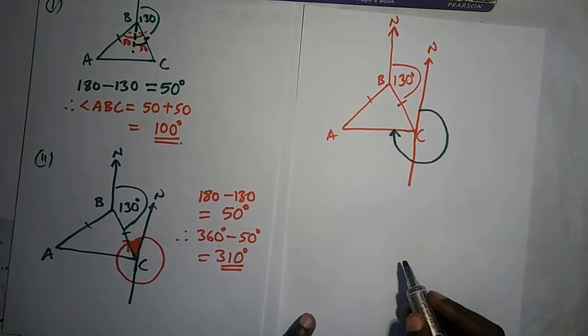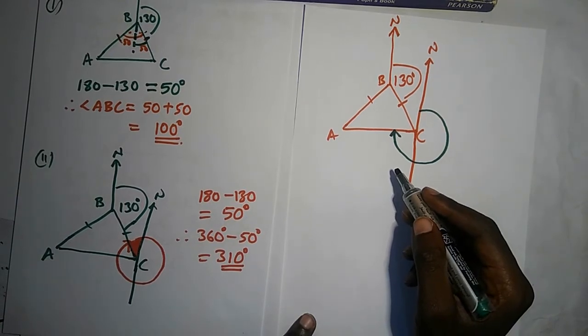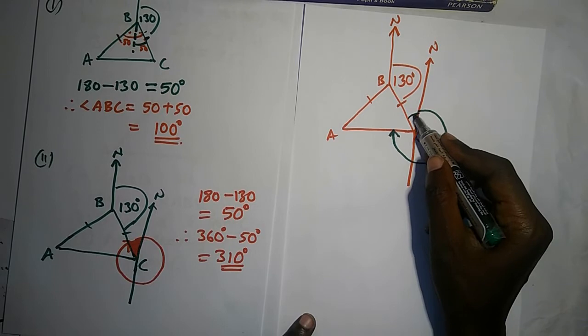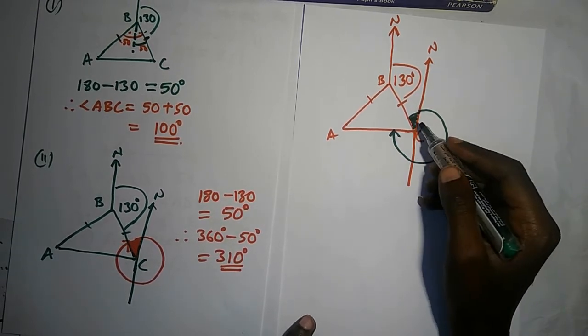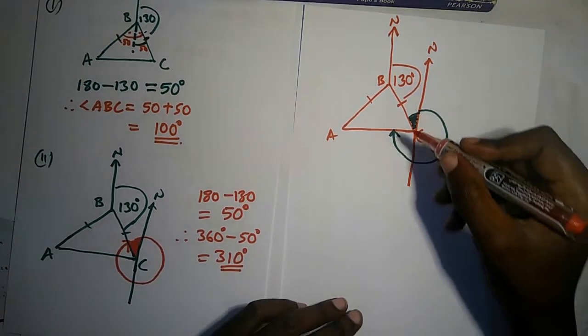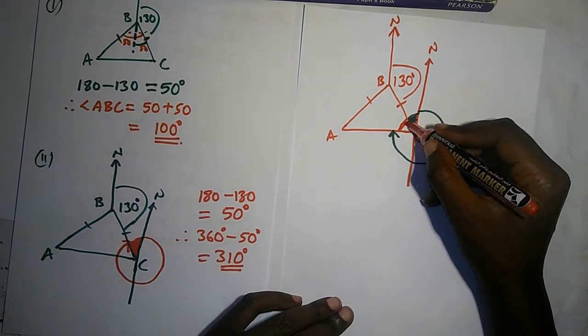Okay, so in this diagram that we have, for us to find this angle, we need to find this angle here that I've shaded green, which we have already found, and also another one that I'm going to shade here, which is this one here. I'll shade it with the red ink.